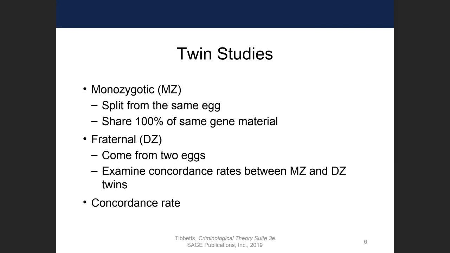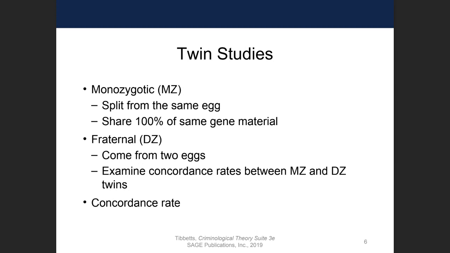And in these twin studies, they found that this was the case even when twins weren't raised under the same household. So, for example, if you had a set of identical twins and they were separated at birth and raised by different individuals, if one of those twins engaged in criminal behavior, it was highly likely that the other twin also would engage in criminal behavior, even though they had never met each other and were raised by different people.